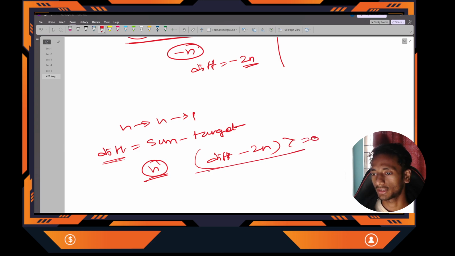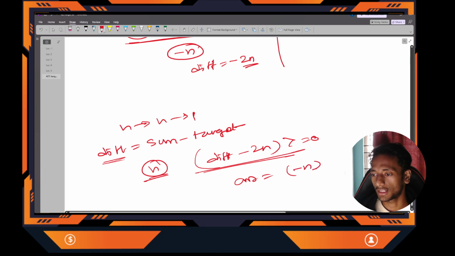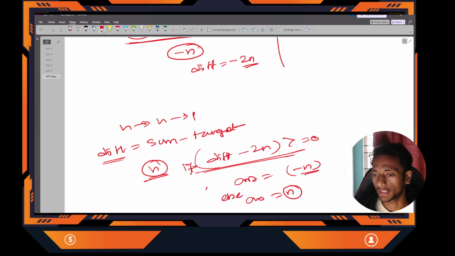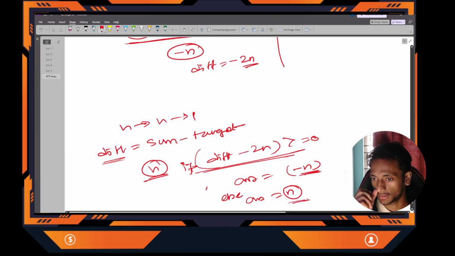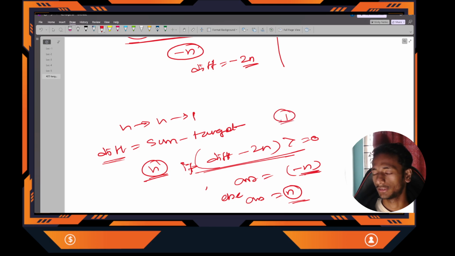Then I can convert this, and I will store -n in the answer array. Else I'll store positive n in the answer. Got it? If I can convert, then it will be -n, else it will be positive n, correct? And I will go up to 1 in this way.